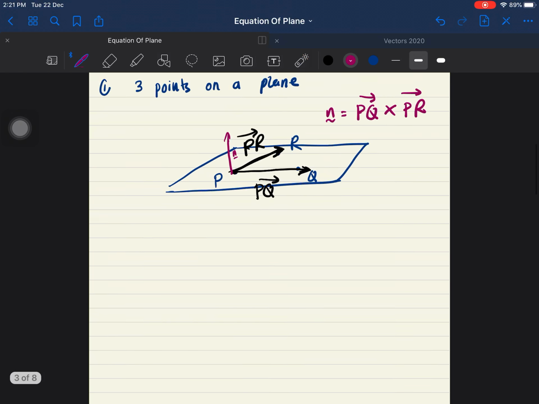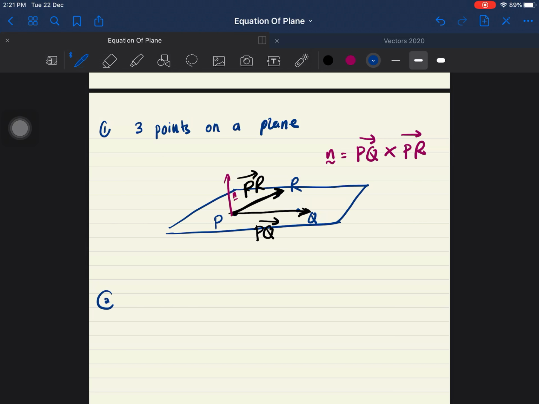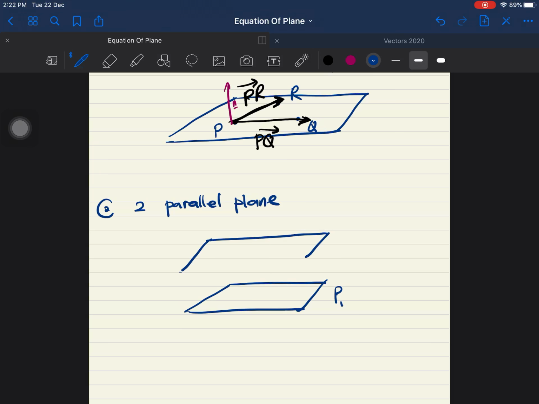Okay, so case yang kedua, if you have two parallel plane. Okay. So, contohnya dia kata, okay, dia minta awak cari what is the equation of this plane P1 such that this plane is parallel to another plane here P2.